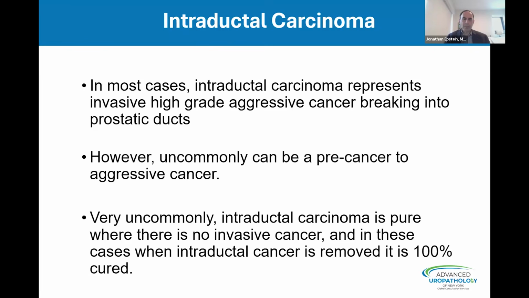At the end of those branches are basically little grape-like units, which are the glands that I talked about, little balls that are hollow. So you have this duct system, these pipes in the prostate. And then cancer is in between these pipes and in between the grapes, creeping all around.